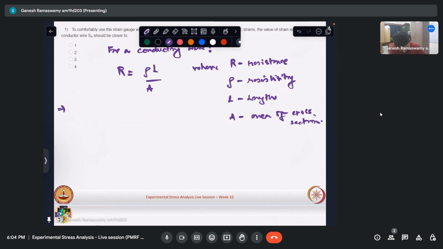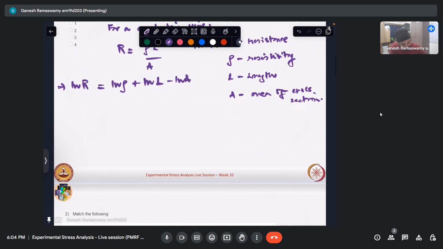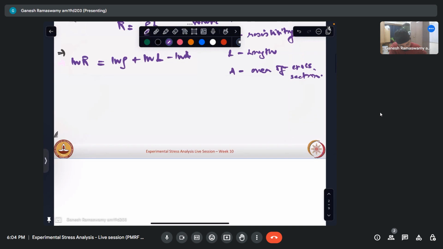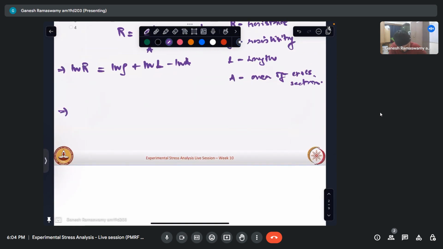From here, let us take log on both sides. This gives me ln rho plus ln L minus ln A, by the properties of logarithms. Let me take the total derivative.